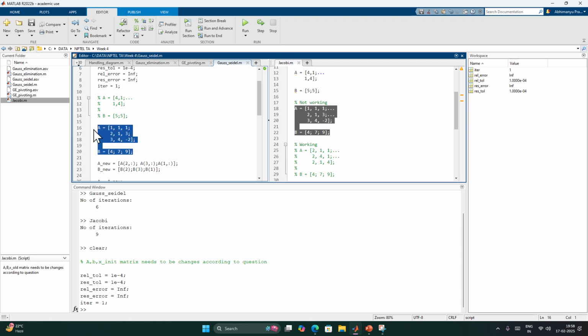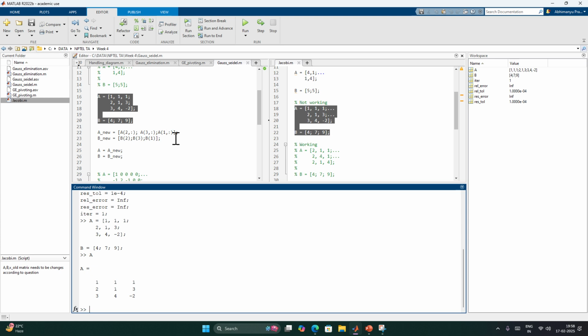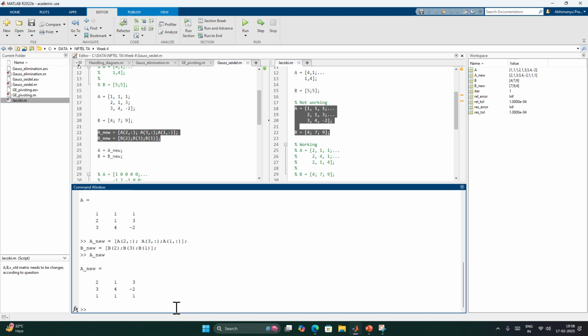Okay. This is my current A, and I replace those two. So this is my new A. So I've replaced the third row with the second row and the second row with the first row to the third place. So there is some sort of diagonal dominance in this matrix, not diagonally dominant, but after pivoting in this column, this is the largest part.